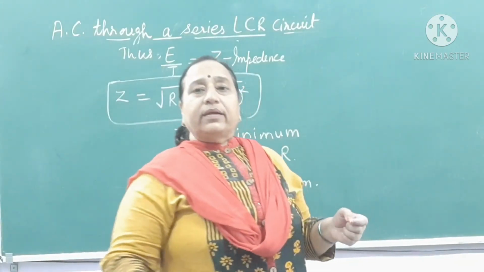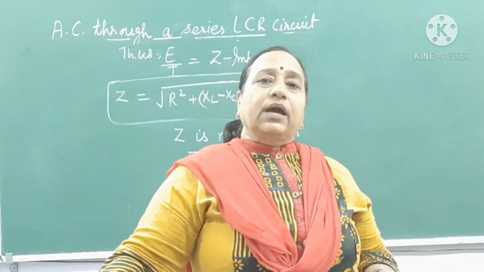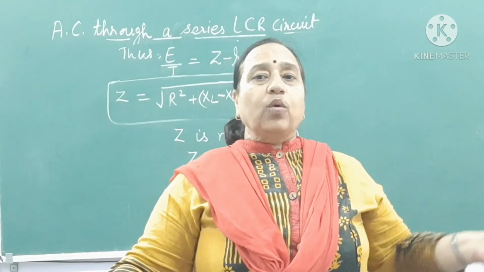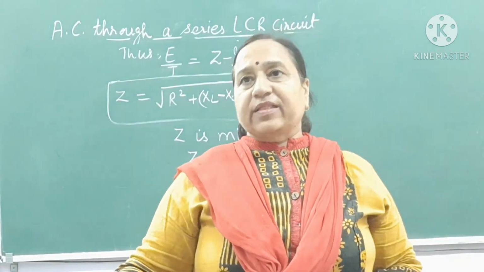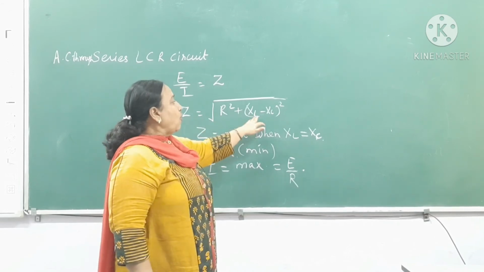So when will you get a maximum value of current in an LCR circuit? The condition in which the inductive reactance is equal to the capacitive reactance. The value of this impedance is a function of these two.